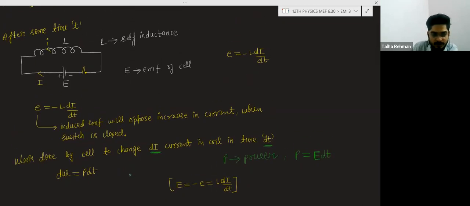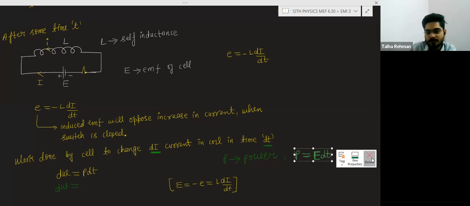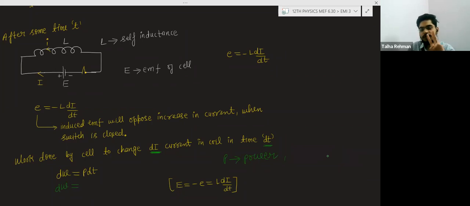Now this dw can be written as power into dt. There are three formulas of power that I have told you: P is equal to V square by R, P is equal to I square R, and there is one more formula, P is equal to V into I. V is the potential difference, or you can say EMF.